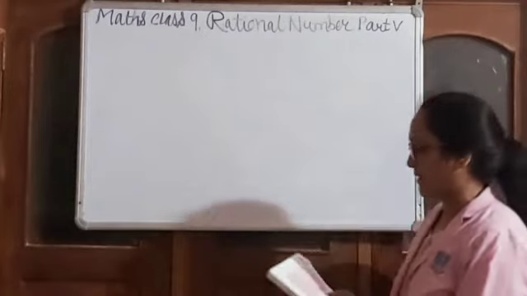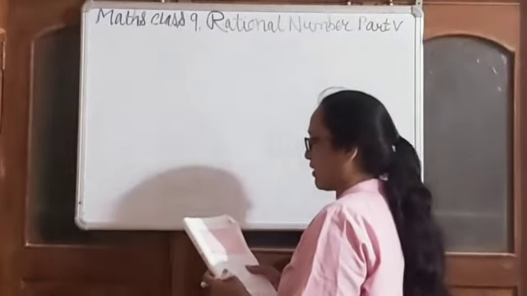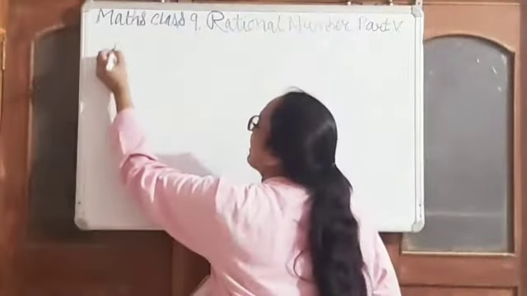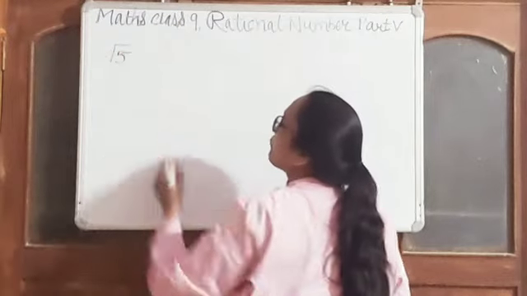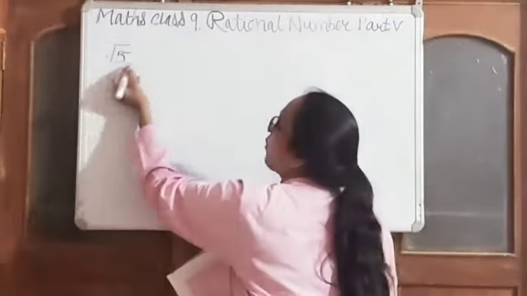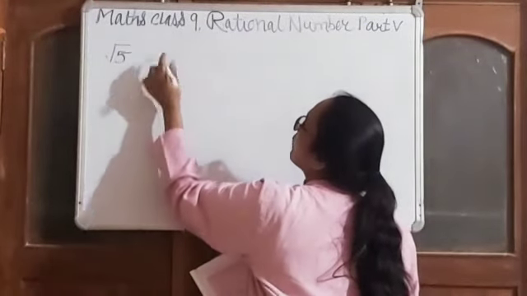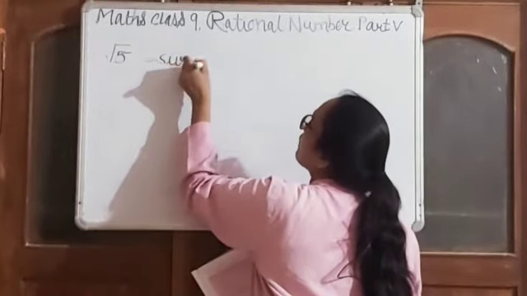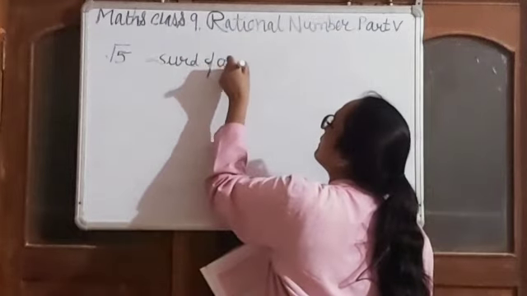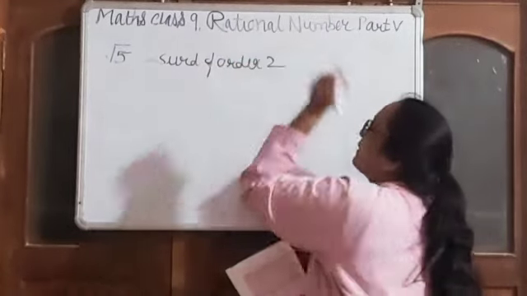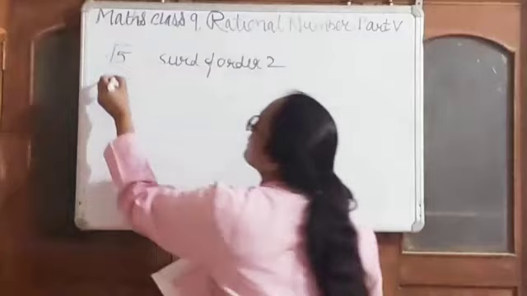We will discuss some examples on the basis of surds. Root 5 is a surd of order 2. It is an example of a surd.